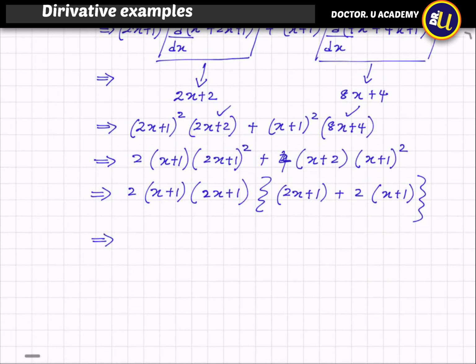So here you can simplify this to (x plus 1)(2x plus 1), and then here you get 2x plus 2x is 4x, and 1 plus 2 would be 3, so plus 3. So that will be the answer to that question.